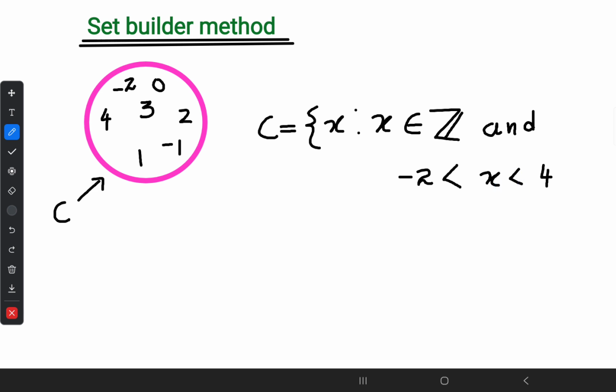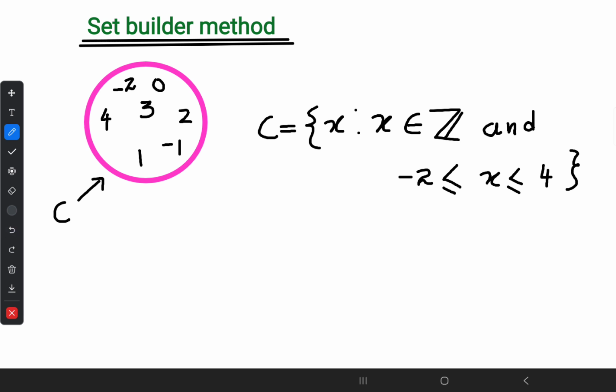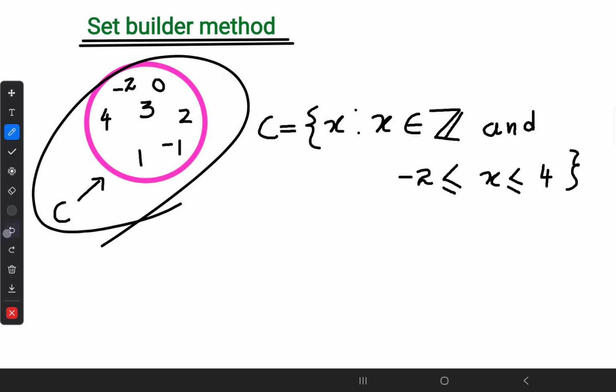Since we have -2 and 4, you should include an equal mark in the inequality as well. So the characteristics of the elements belonging to set C: all are integers and all are situated in between -2 and 4. That's all about the set builder method for this given Venn diagram.